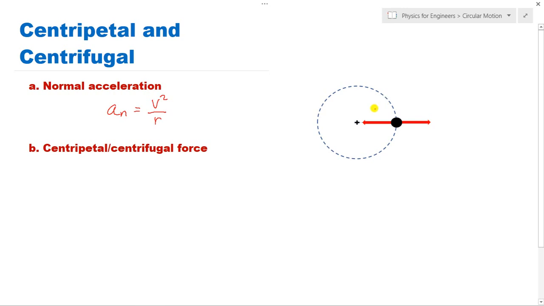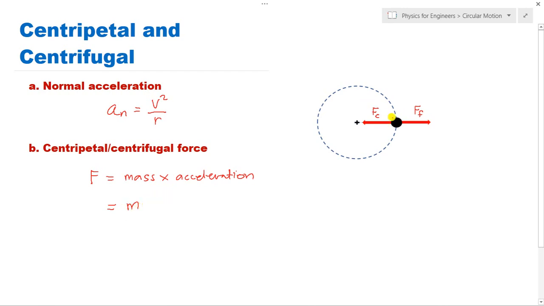You can see here, this is FC, centripetal, and then I abbreviate FF for centrifugal. Ganun lang. Then, for centripetal or centrifugal force, recall that the definition of force is just mass times acceleration. Of course, our object here on this black circle has a mass m.